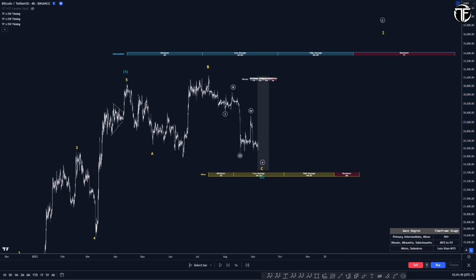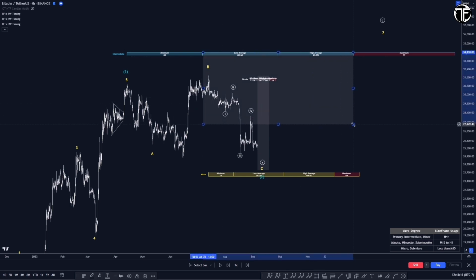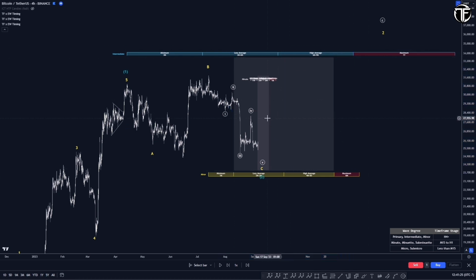So we've narrowed it down. Everything's lining up. We have our intermediate degree ending somewhere in here. We have our minor degree ending somewhere in this zone. And now we're looking for the minute wave 5 to end somewhere in this zone right here.